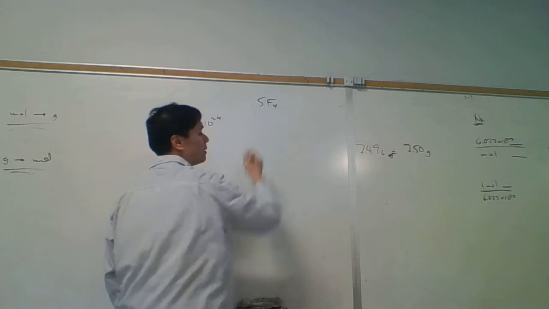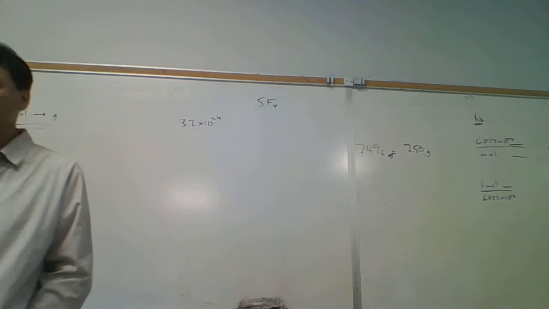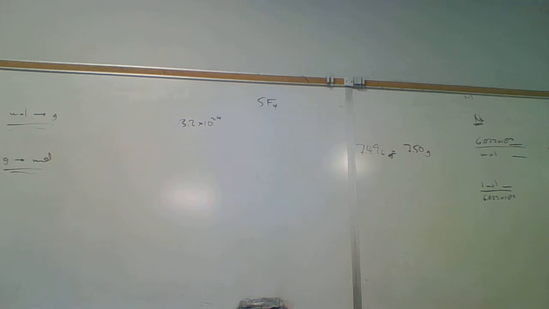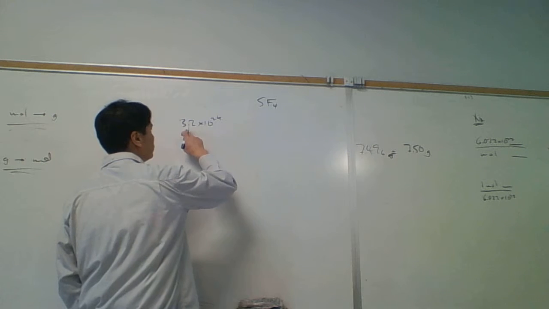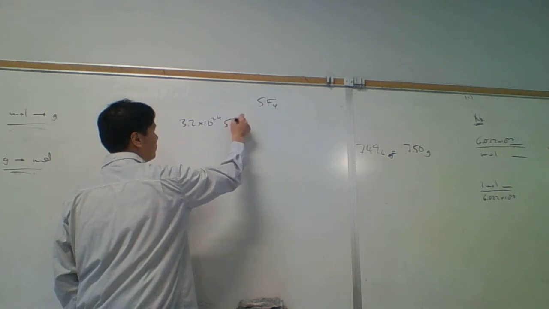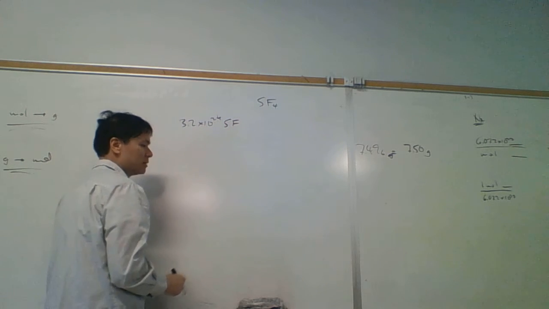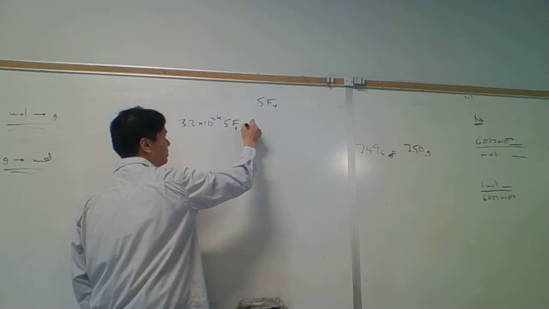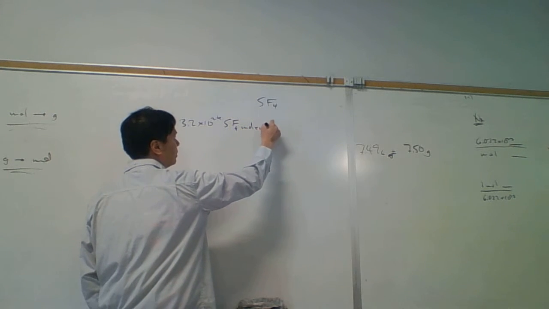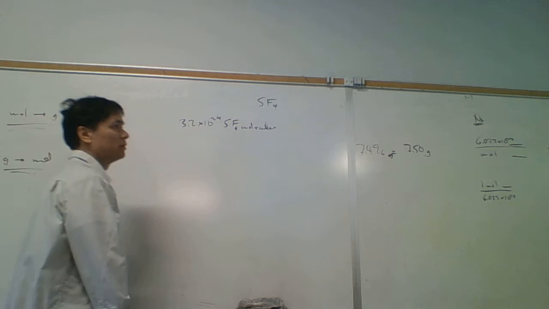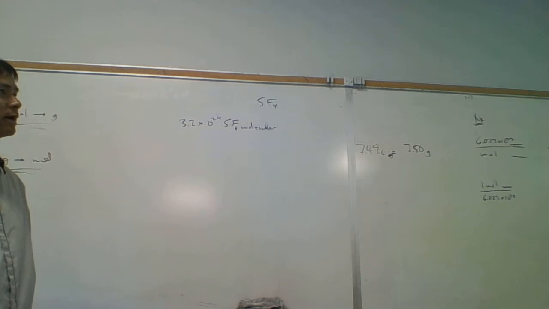SF4. It's a binary molecular compound, SF4. So we have 3.2 times 10 to the 24 SF4. Is it molecular? Yes, it's molecular, so SF4 molecules. It's a lot of molecules. And so how much do all those molecules weigh combined in grams?